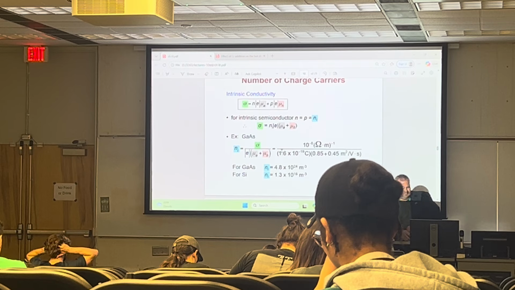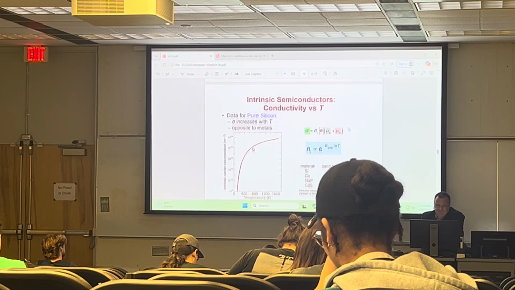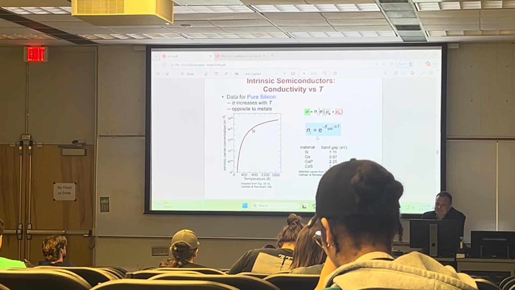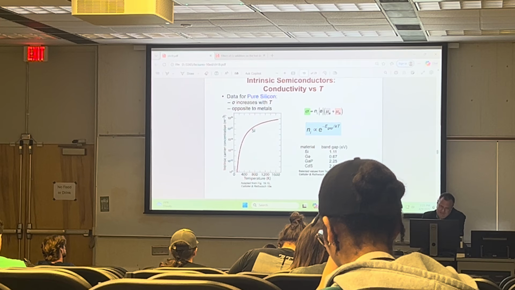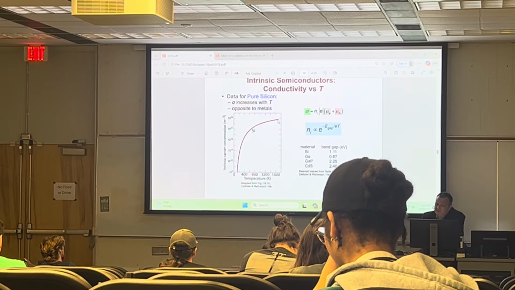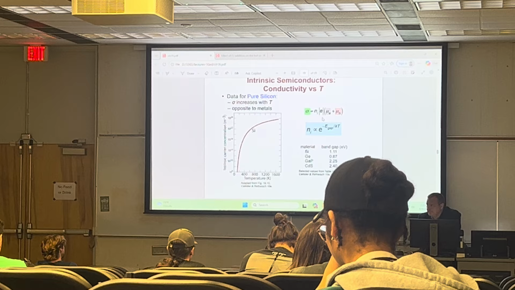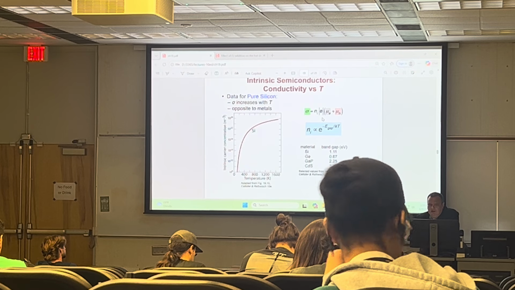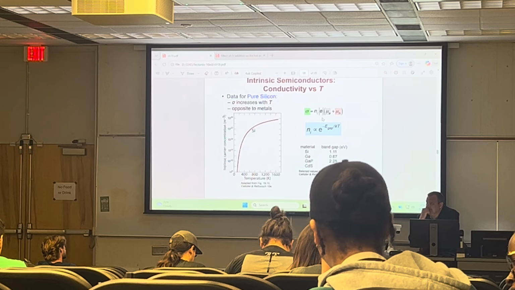Okay, the number of charge carriers. This is the conductivity of pure silicon as a function of temperature. Intrinsic carrier concentration. This is the equation. Again, what is the difference of the intrinsic semiconductor?